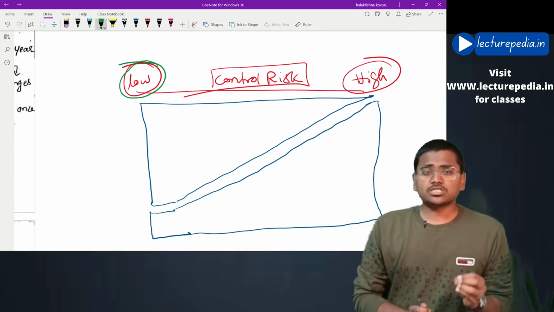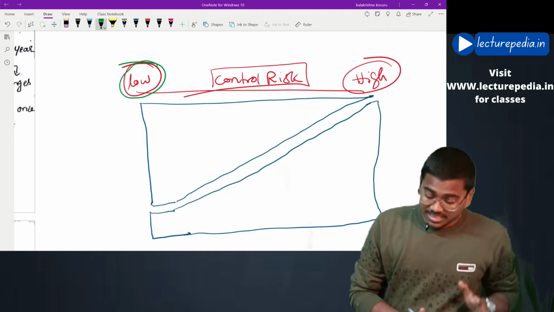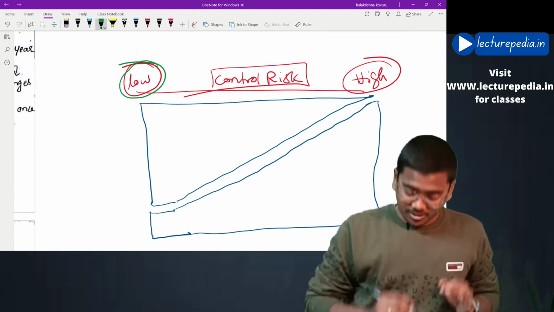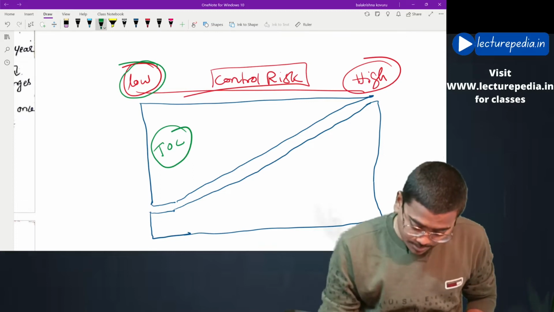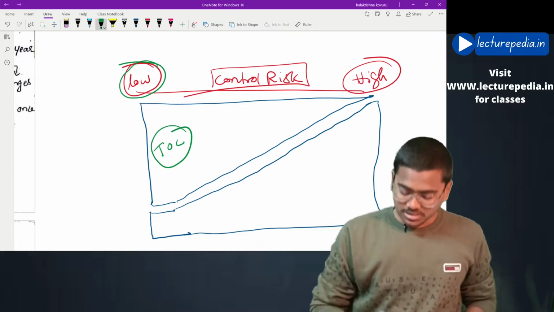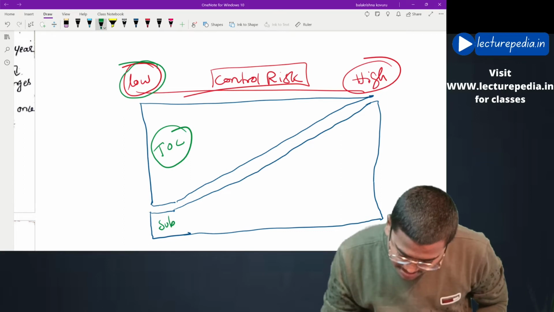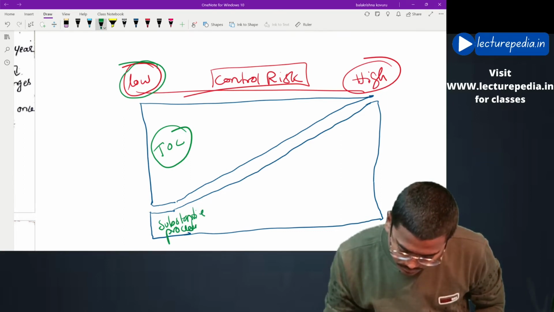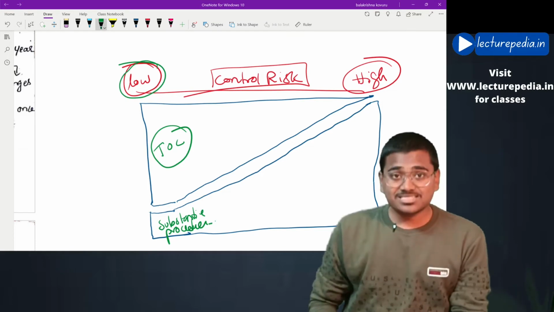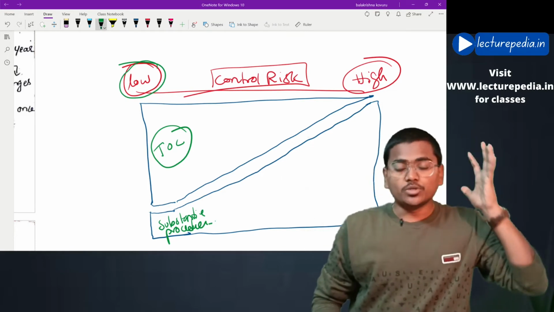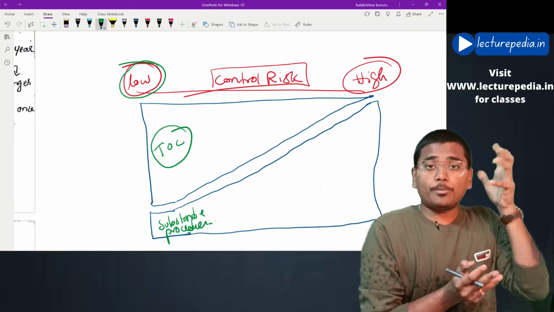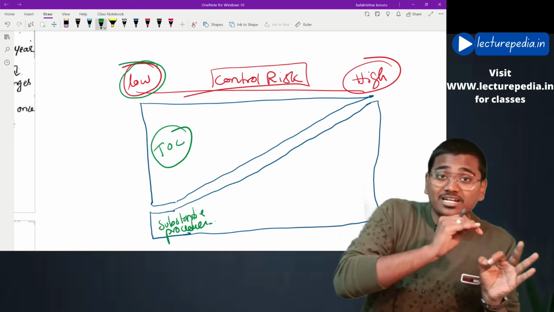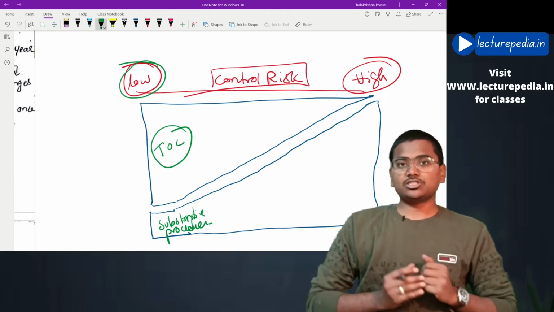Okay, controls are working properly. In that case, auditor will perform more of test of controls. Okay, auditor will perform more test of controls and less substantive procedures. Since controls are operating effectively, if auditor gets evidence that these controls are operating effectively, then auditor can reduce his substantive procedures.